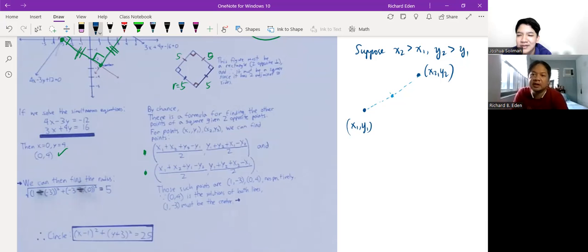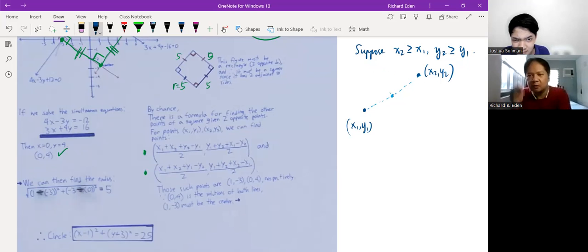Pwede nga rin kunwari x2 is equal to x1 eh. So in that case, nandito siya sa taas. All right. So siguro gawin natin x2 is greater than or equal to x1 and then y2 is greater than or equal to y1. So this is just one case.